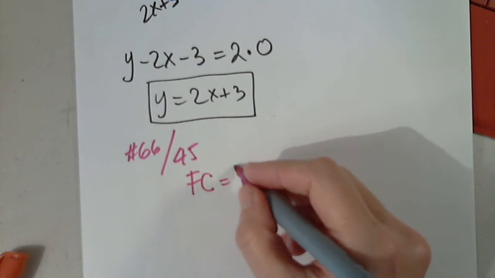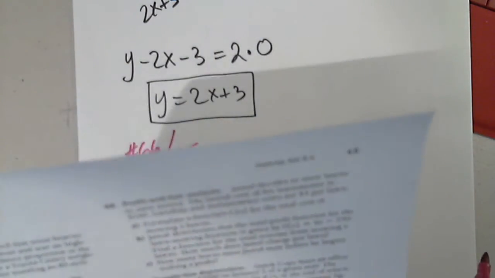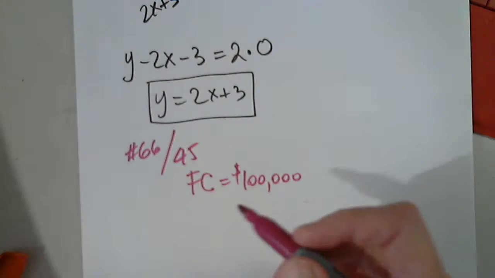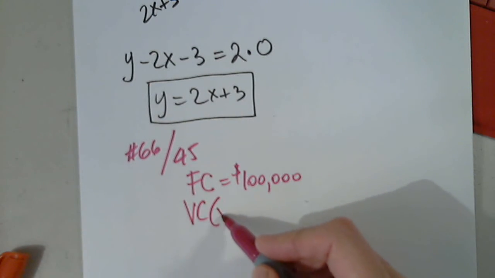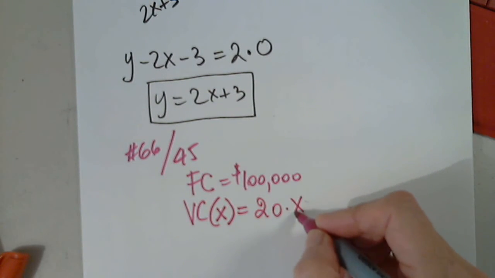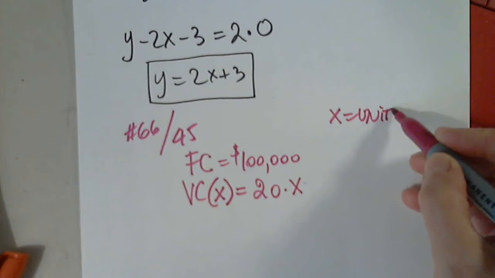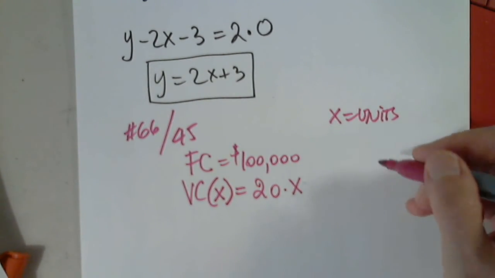Fixed costs, $100,000. Okay, the variable costs for each calculator are 20. Variable costs, they depend on the number of units, so they will be 20 times the number of units we manufacture and sell. Units manufactured and sold.